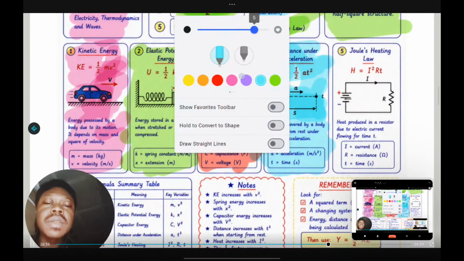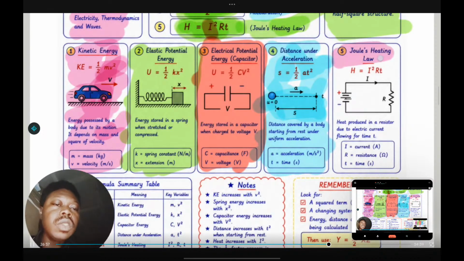Then the last one under this is Joule's heating law. Heat H equals I squared RT, and you have this. This is your source of heat, your R, and then you have your current flowing, and then you have a voltage. Heat produced in a resistor due to electric current flowing for time T.